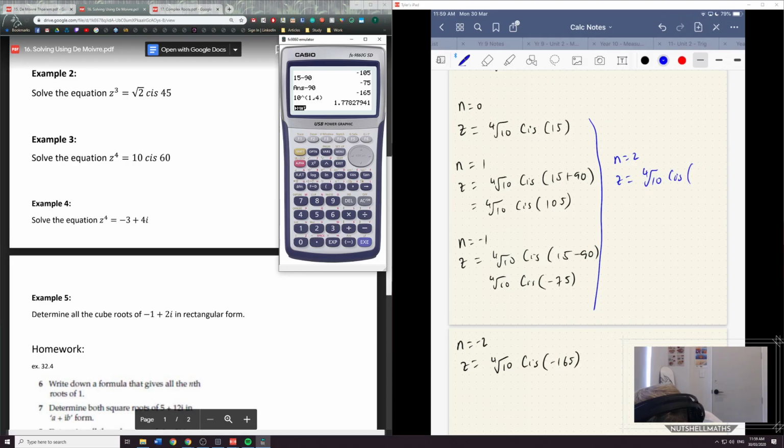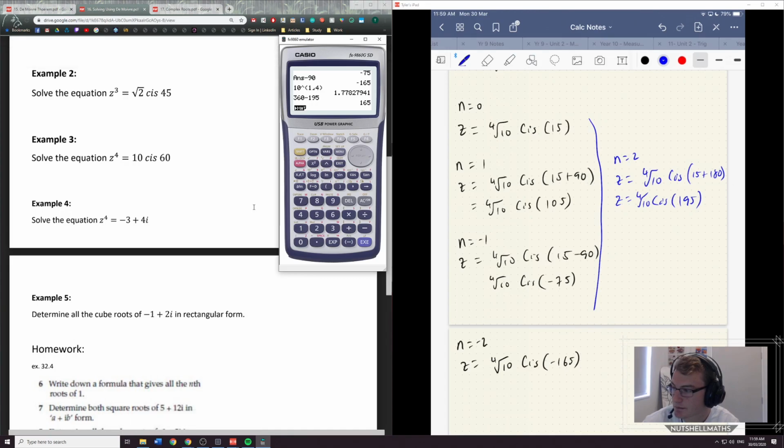It would be 15 plus 180, which is z equals 4th root 10 cis 195, which means it's 360 minus 195, minus 165, right? So in this case, it does work, but we have to do that conversion, don't we?